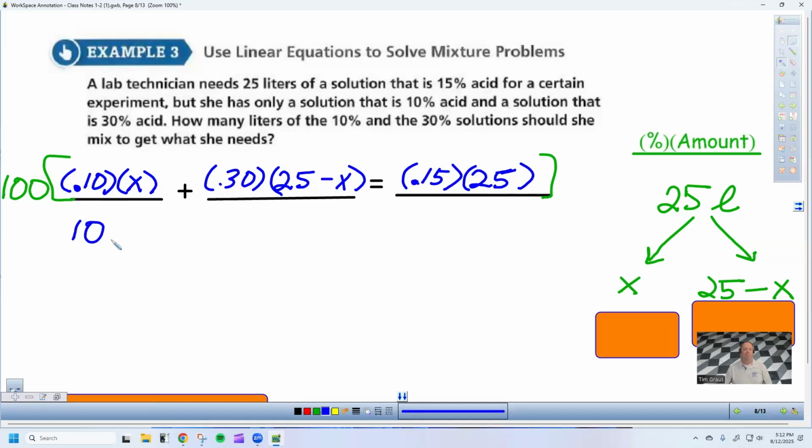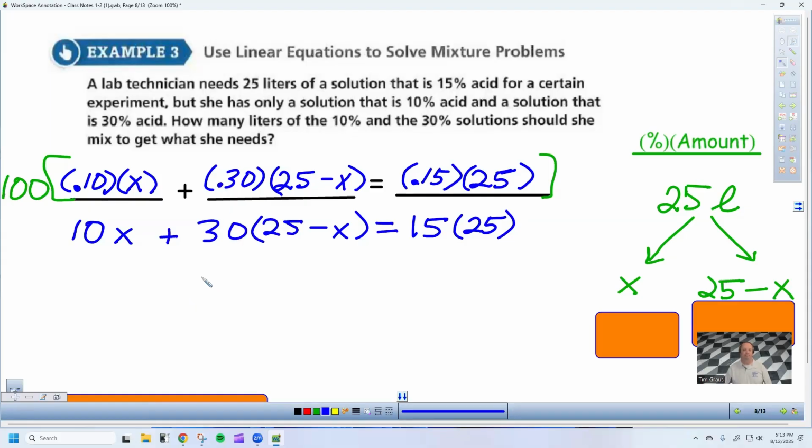And so I can rewrite this first term as 10 times X. 100 times the 0.30 is 30. So I can write this second blank as 30 times 25 minus X. And 100 times the 0.15 is 15. So I can write this third blank as 15 times 25. So that's a real quick way to get rid of all these decimals so that we don't have to deal with decimals all the time.